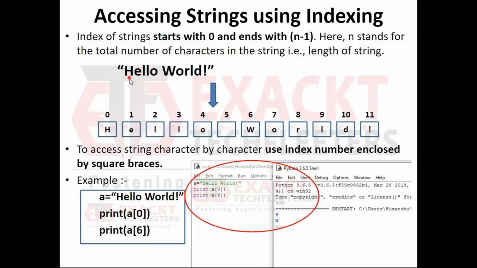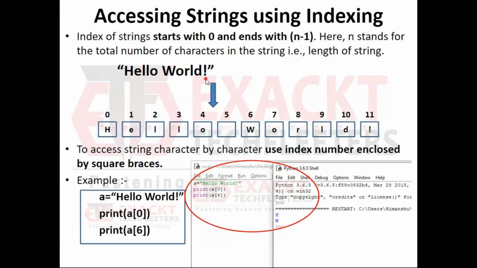So here the length is 12, so n is equal to 12 for Hello World with the exclamation mark. But if you are counting for indexing, you start with 0. So the indexing of the exclamation mark at the end will be 11.